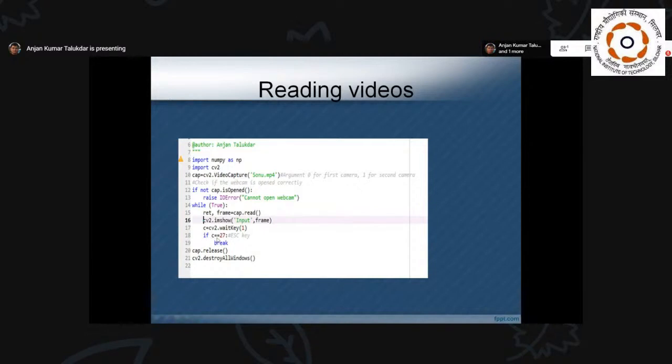If c is equal to 27, meaning we have put the condition that if you press the Escape key, then the window will be closed and it will stop capturing the video. Then we release the capture and destroy all the windows. So this is how to read a video from a camera or from your drives.